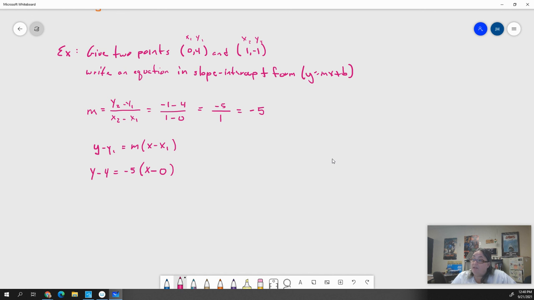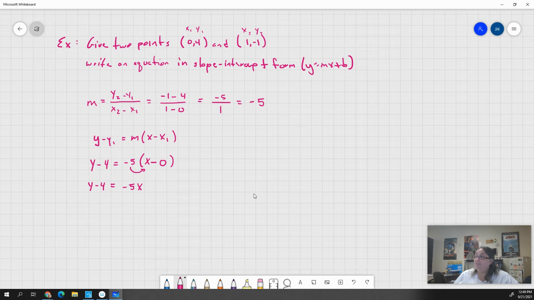And so when we go to solve that, we're going to keep our y minus 4 the same, but we're solving for y. And I'm going to distribute. Negative 5 times x is negative 5x. Negative 5 times 0 is just 0, so I'm just going to leave it like this for right now.